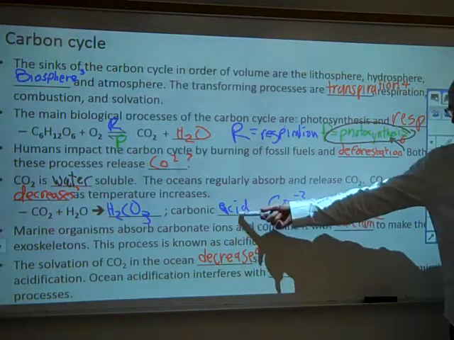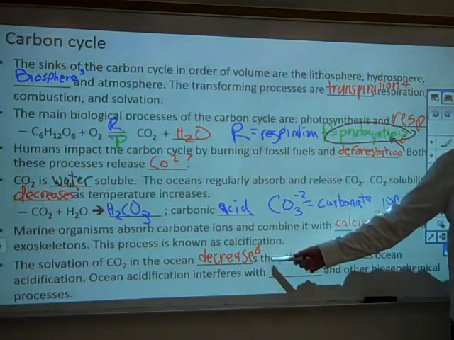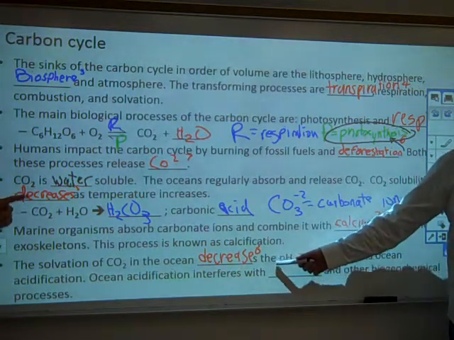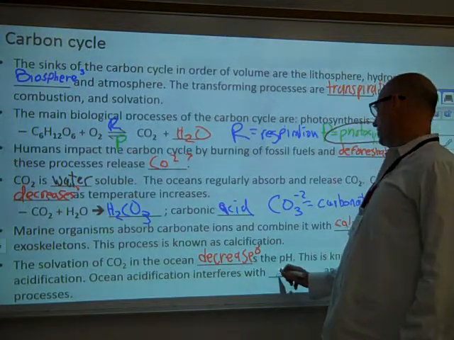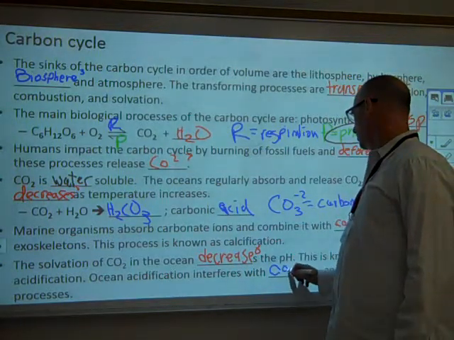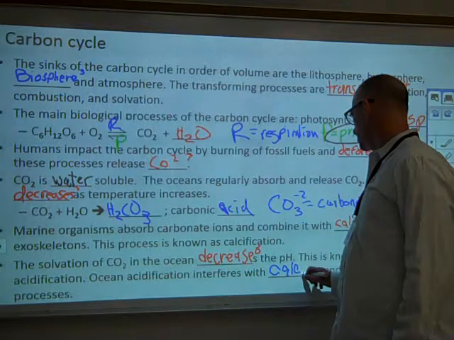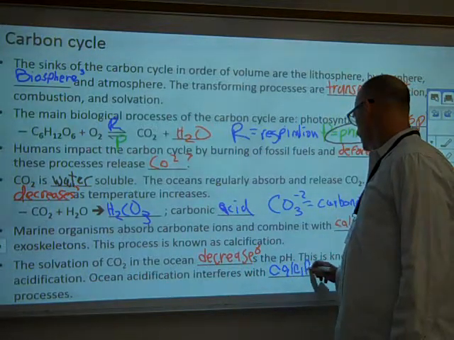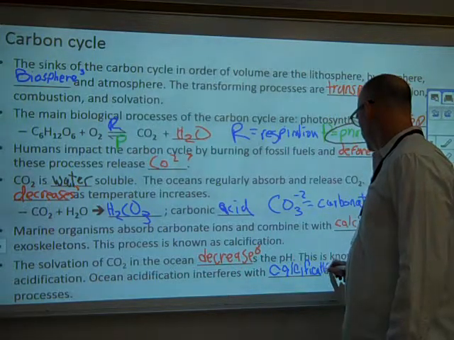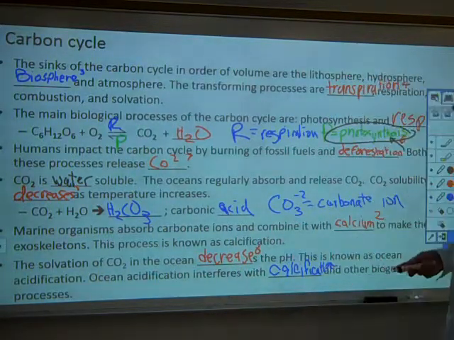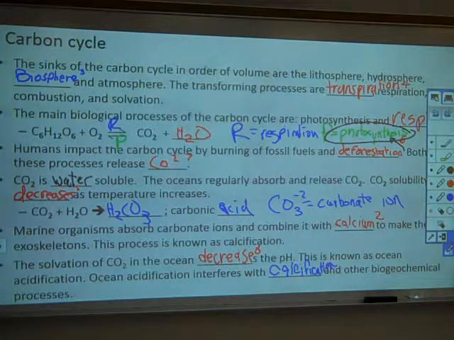since this is an acid, overall extra CO2 dissolving into the ocean lowers the pH and makes it more acidic. We all know that lower pH means it's more acidic, and this will actually interfere with the calcification process because acids dissolve calcium carbonate.